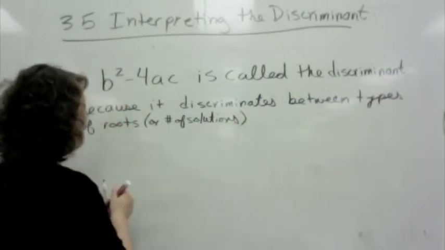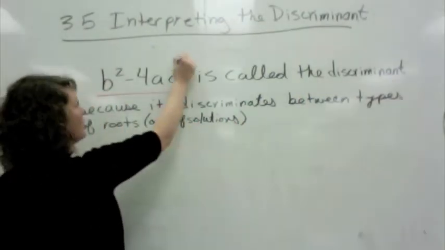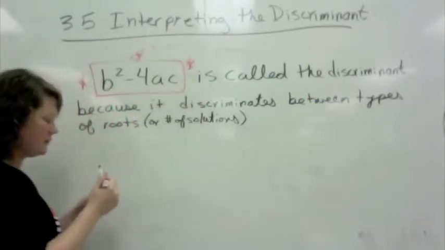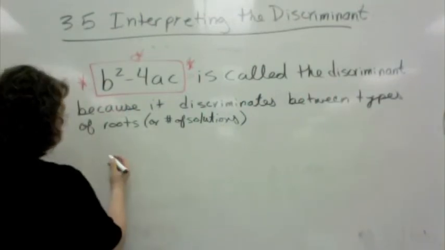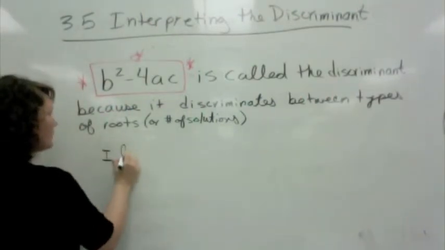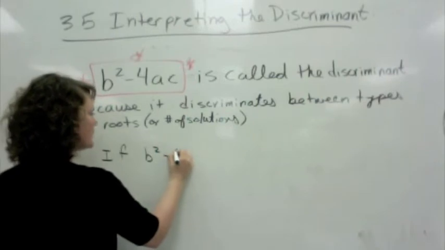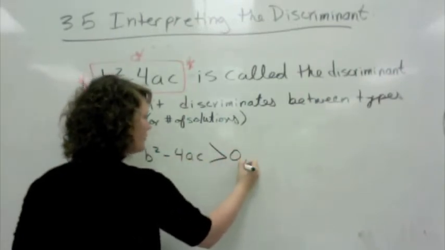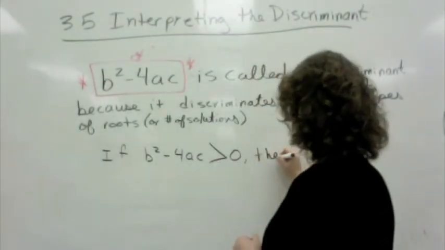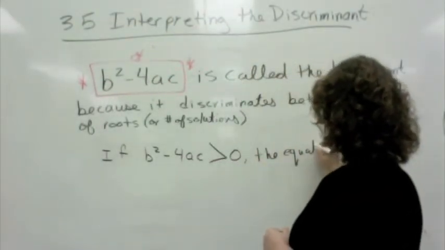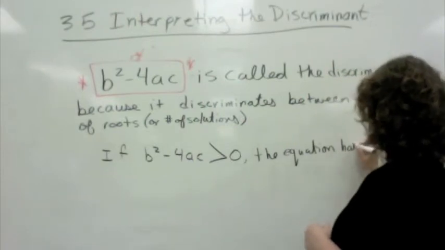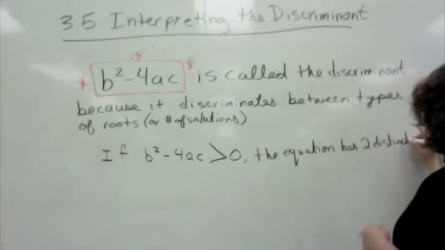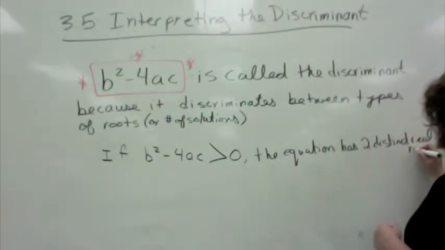Now, I'm going to put stars beside this because this is important. If b squared minus 4ac is greater than 0, the equation has two distinct real roots.